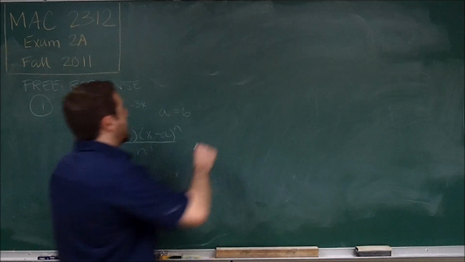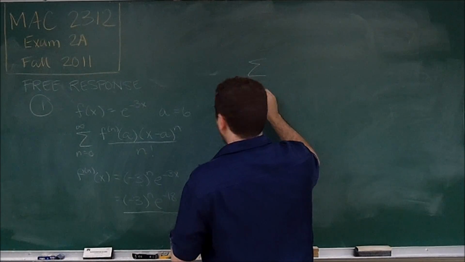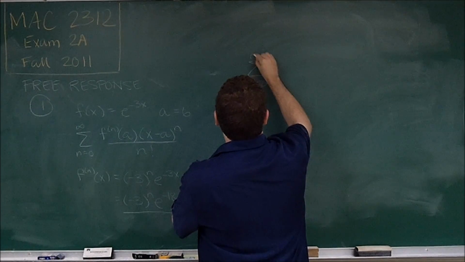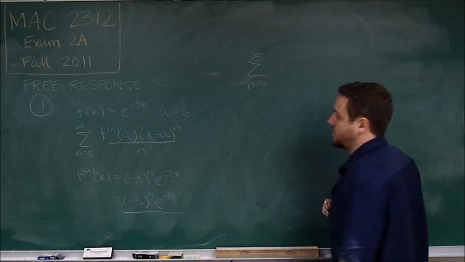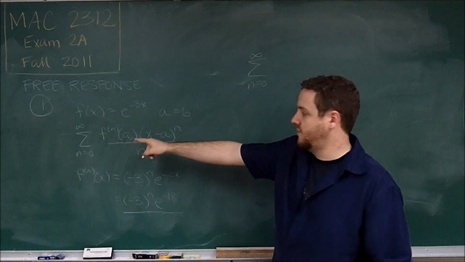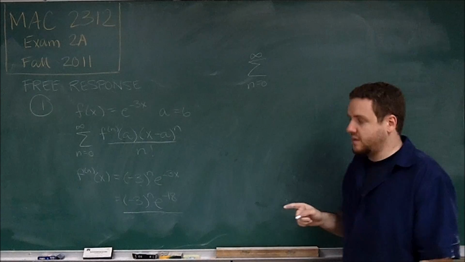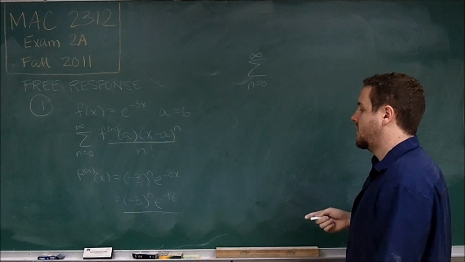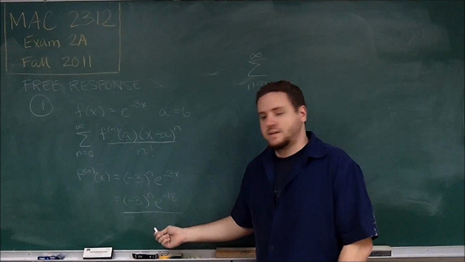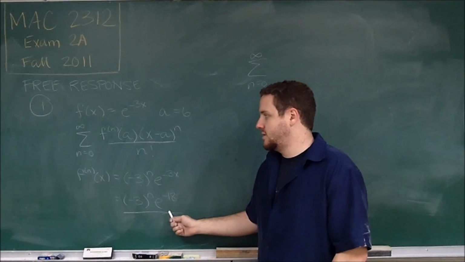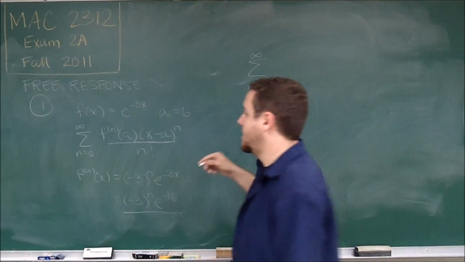The other two parts are pretty self-explanatory. So what we can write here is our new series with this correct information. Instead of the nth derivative of f at a, we can substitute this. Now, e to the negative 18 is just a constant, so that doesn't have to be in the series.